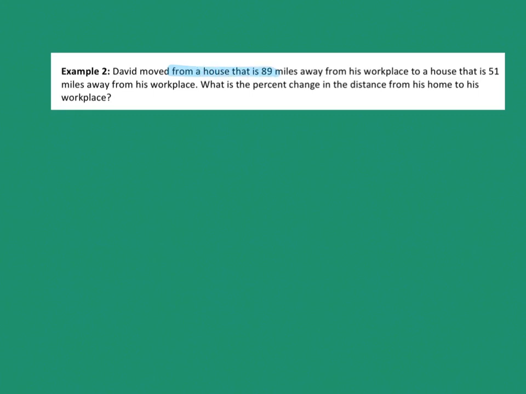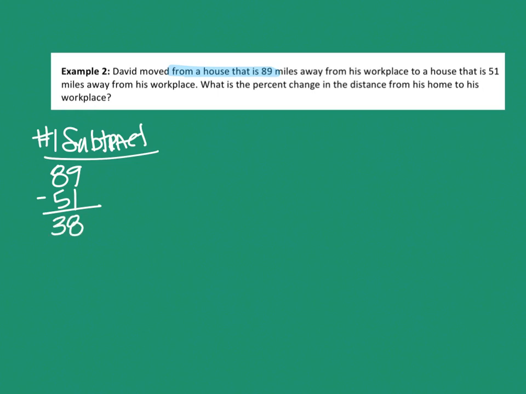This is my clue that that number will be on the bottom when I set up my proportion. So now that we're ready, number 1 is subtract. The two numbers in the problem were 89 and 51, and the biggest number always goes on top. So 89 minus 51 is 38.